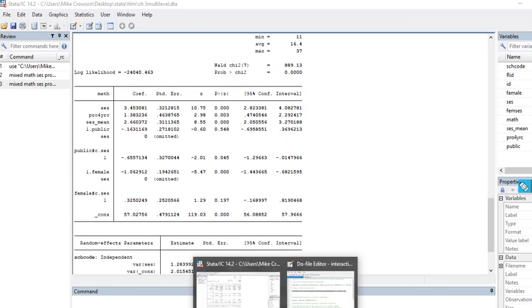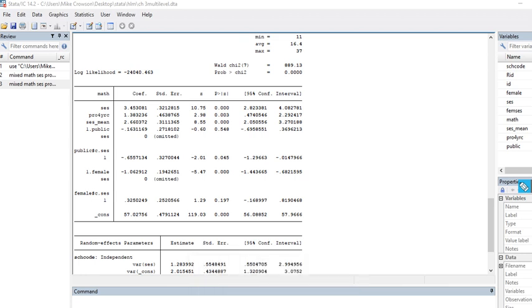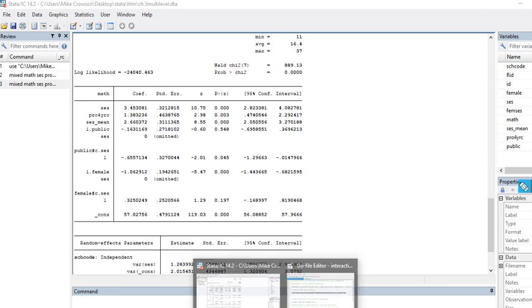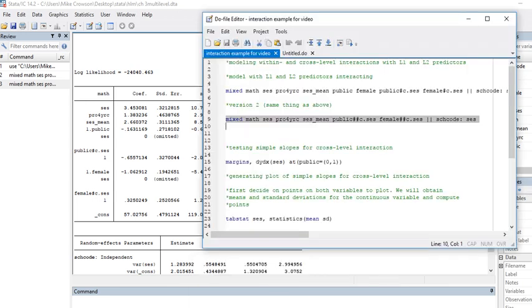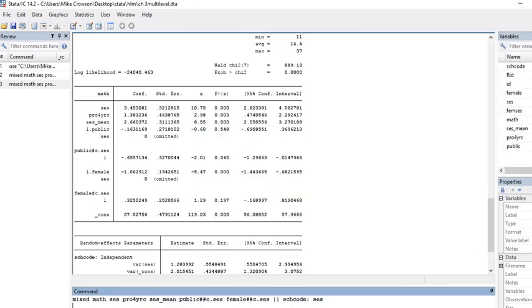Let's say I happen to have a predictor variable, and public was not being treated as a factor. Let's say the public variable was continuous. Then what I could do is just use the C period prefix there. And let's say the female variable was also being treated as continuous.